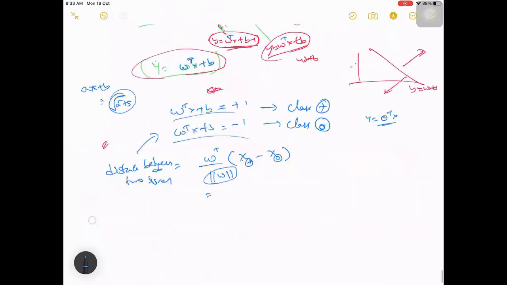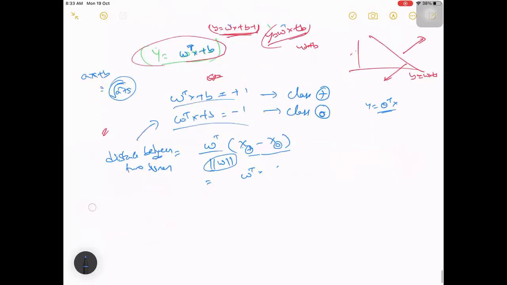Transpose into what you have here is also a W. Just a moment, here if you see this, this is Wx for class zero. Let me write that: wx plus b equal to 1, and wx plus b equal to minus 1.